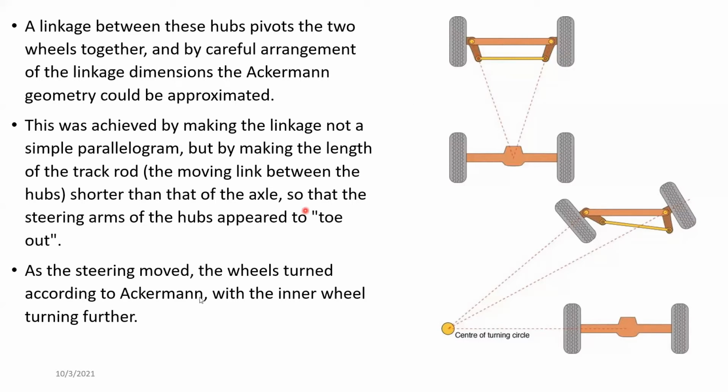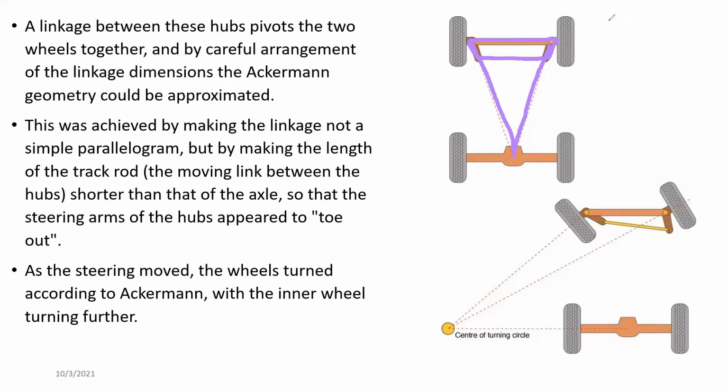Parallelogram means this one. This shape is the parallelogram. And if we make a parallelogram where the sides meet at the center of the rear axle at all times, this particular system can take a turn without any trouble.